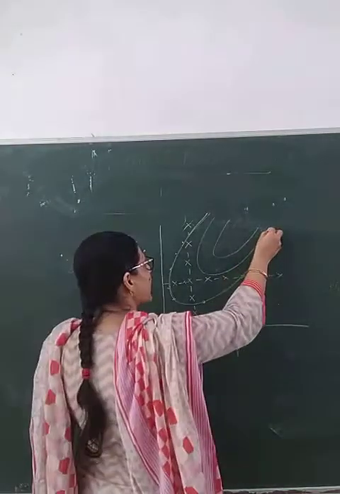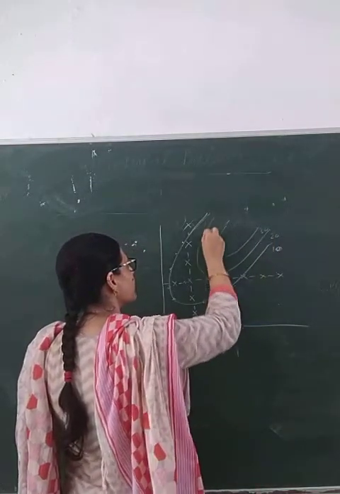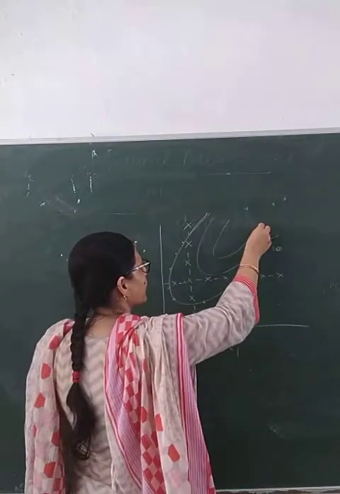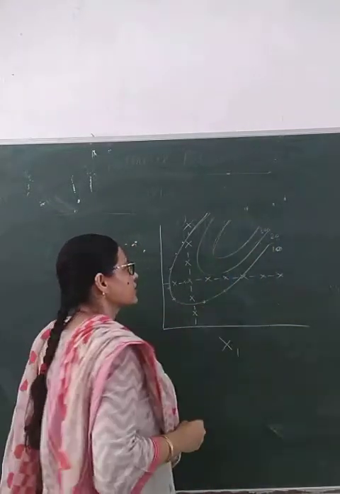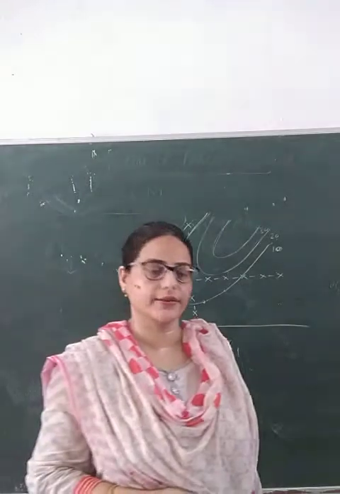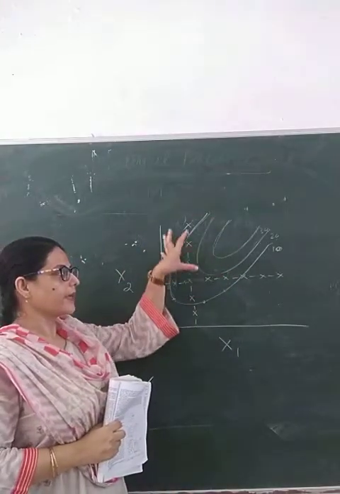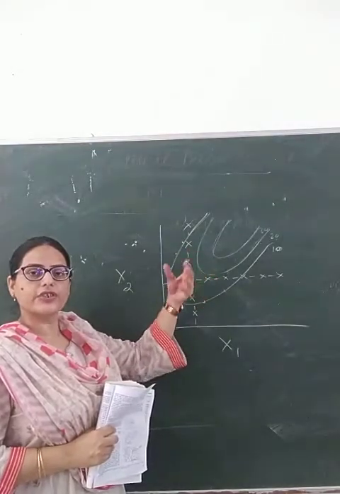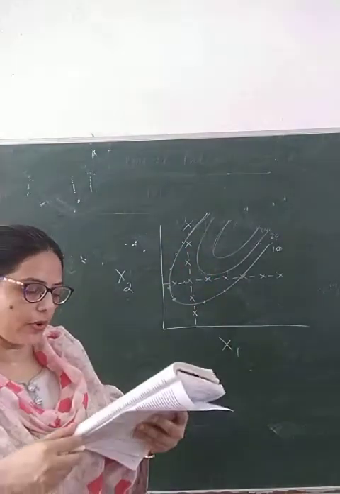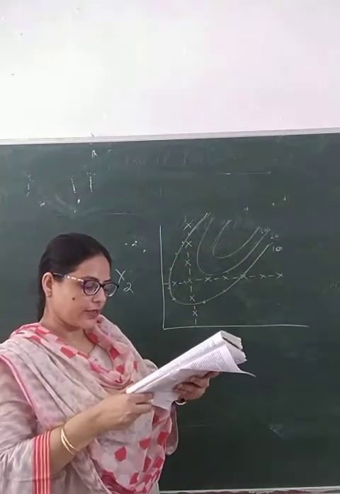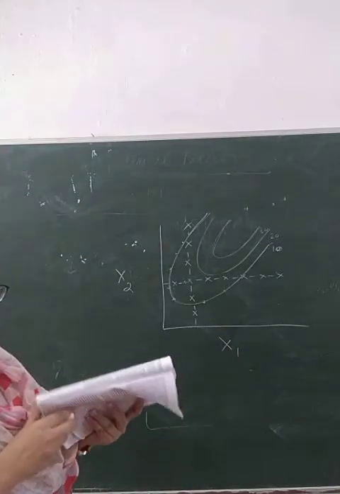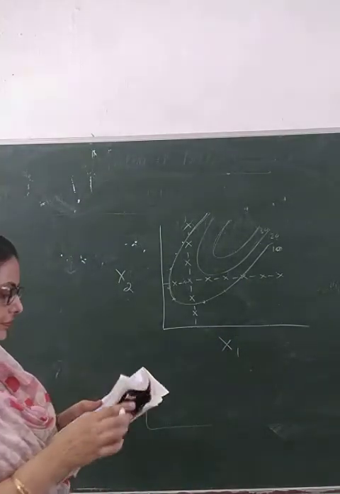Similarly, we have joined all these points which are giving the yield 20, and all these points which are giving the yield 30. Okay. So like this we recognize a particular area which is giving the particular response. So this is the response surface by one factor at a time.